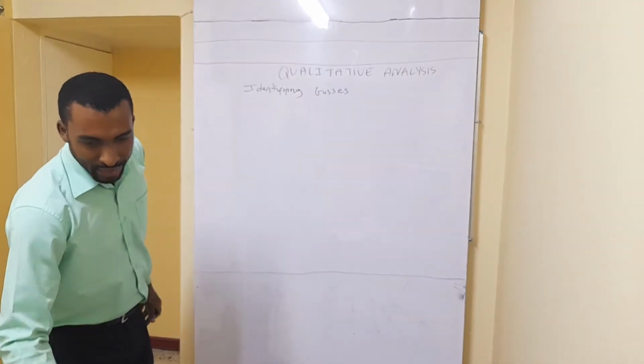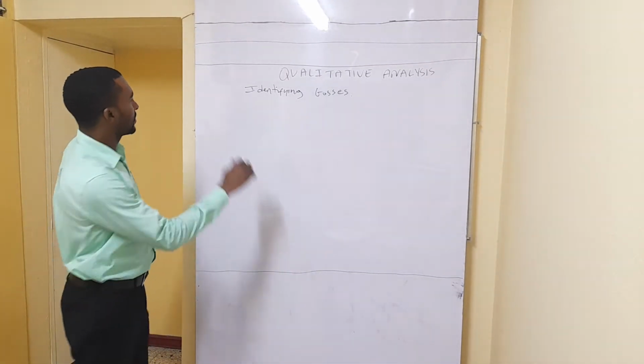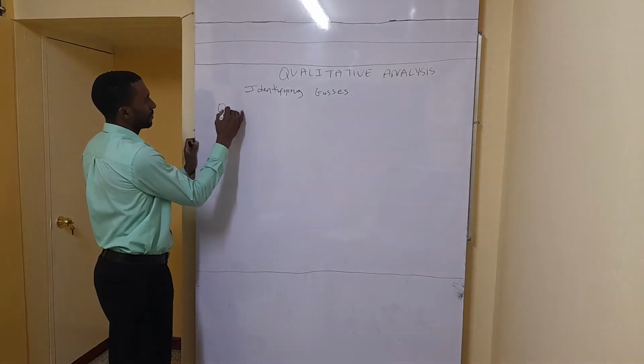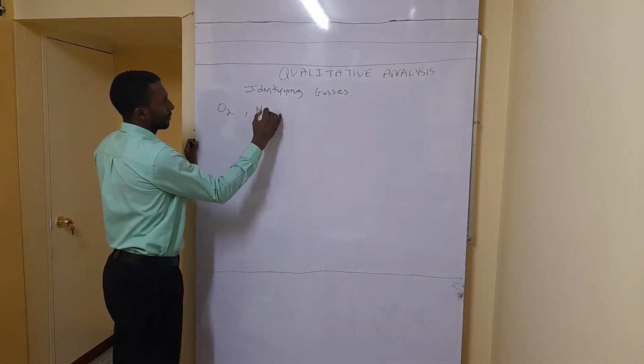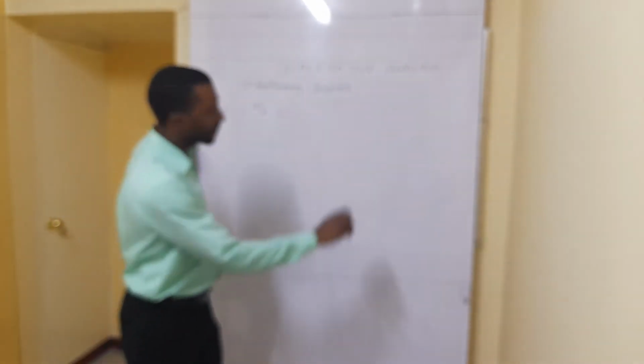The gases that we need to identify at this level are hydrogen, oxygen, carbon dioxide, and hydrogen chloride.